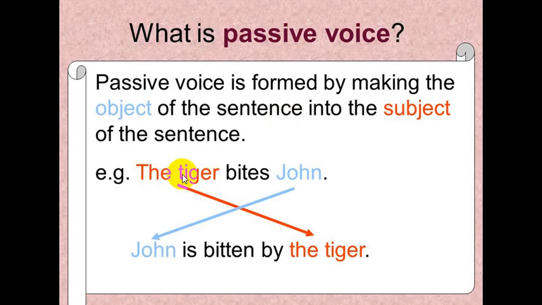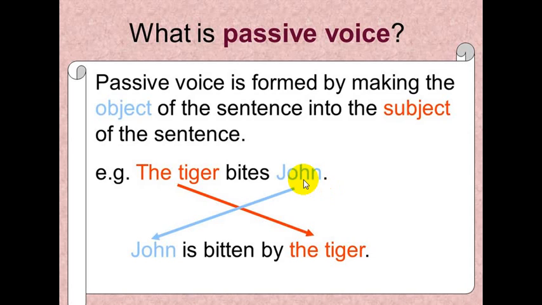Bites the verb, John the object. So this is an active sentence. I want to make it passive. What should I do? First, I should define the object. Yes, John is the object. The object always comes after the verb. Bites John. So John is my object here.